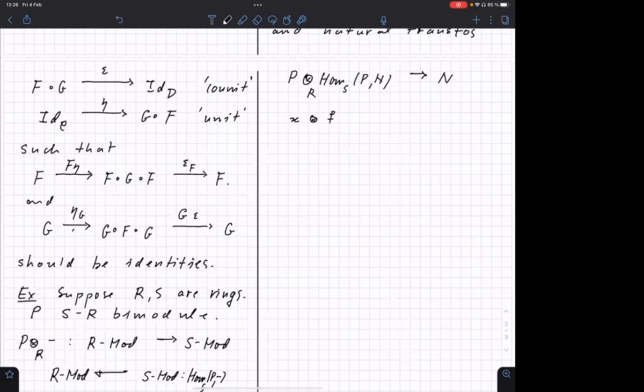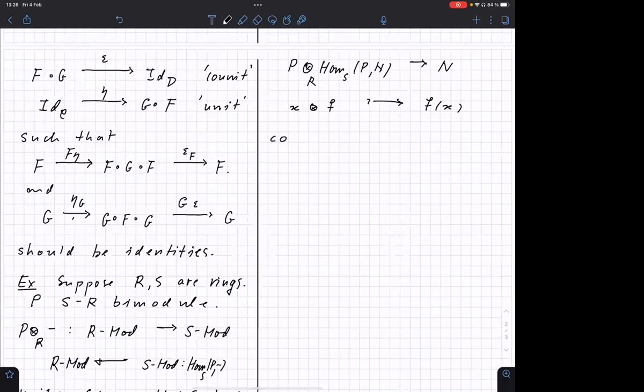So given an element of P, little x, and a homomorphism f from P to N, I just compute f of x. You can check that that is bilinear over R with respect to the R action on the Hom, so that it's a well-defined homomorphism out of the tensor product. You can also check that it's natural in N.